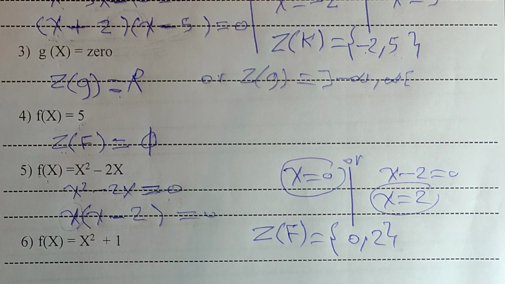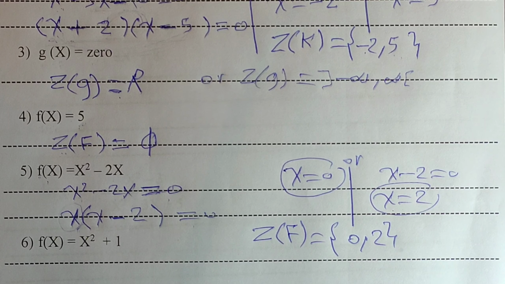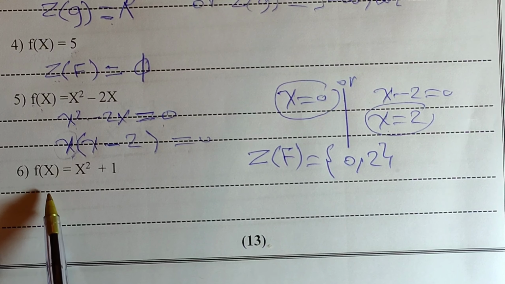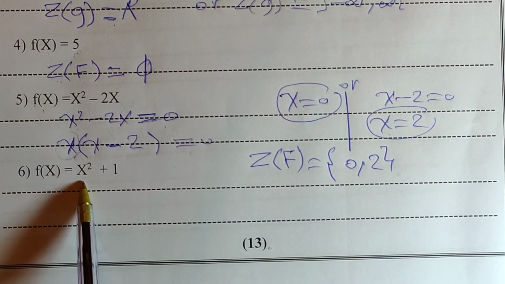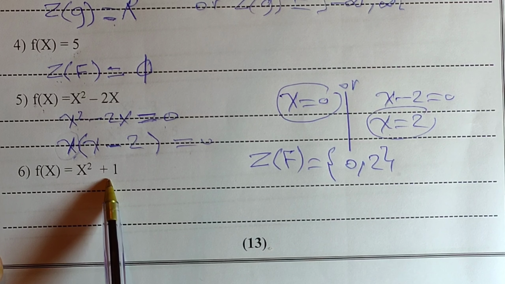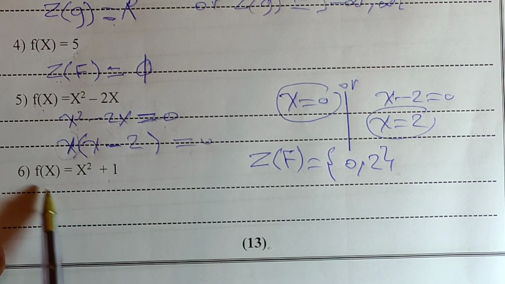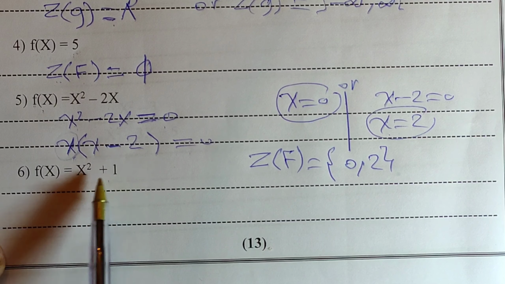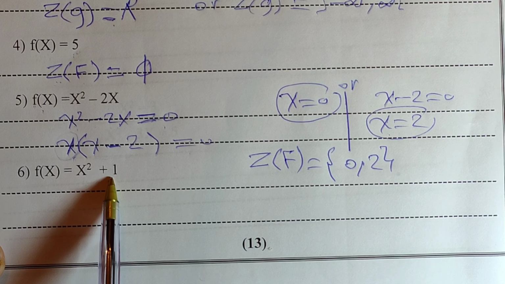Okay, example number 6. F of x equal x power 2 plus 1. I think it's impossible in the real numbers to make this function equal 0, because this is not a difference between two squares to factorize.